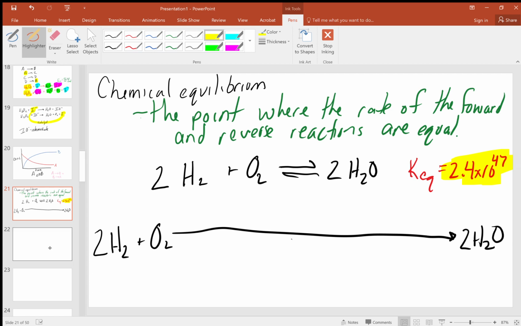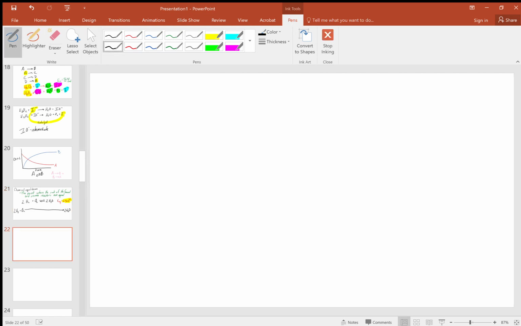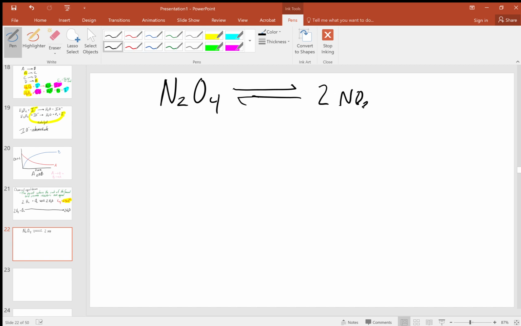All right, so let's look at some simpler reactions. So we have this reaction, dinitrogen tetroxide can react to form two molecules of nitrogen monoxide. And we have a rate, and therefore a rate law, for the forward reaction, and therefore a rate constant.